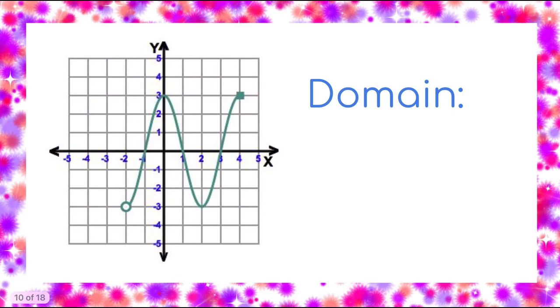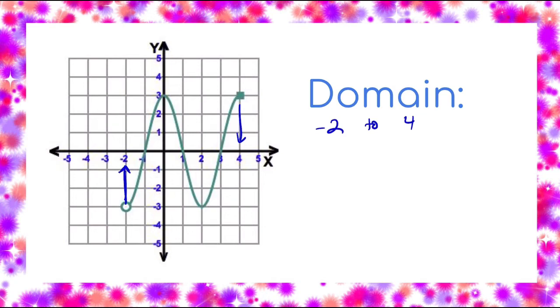Okay, so let's look at a graph where we have an open circle and a closed circle. So I'm going to still write this in English, and then this is just to help me out, and you'll see it's going to be a little bit different. So my starting amount is -2, and my ending amount is 4. So -2 to 4. But for -2, is that an open circle or a closed circle?